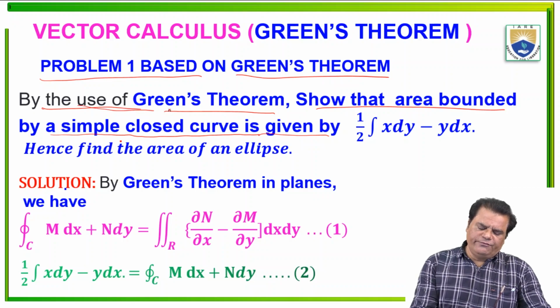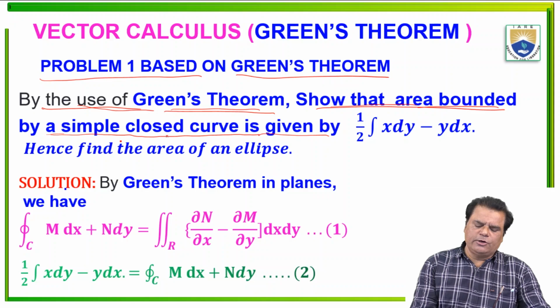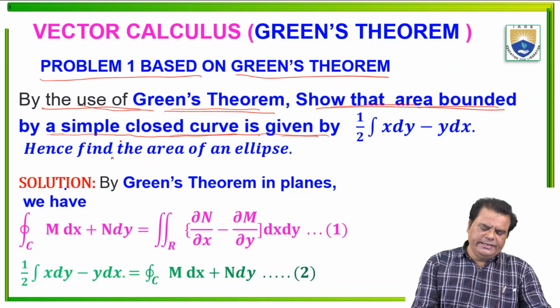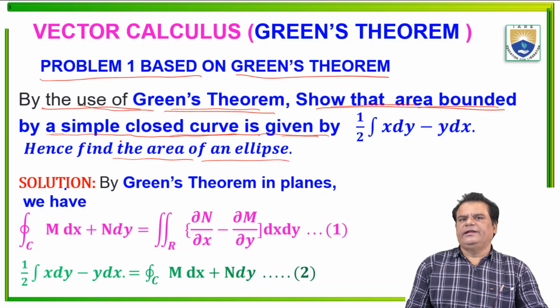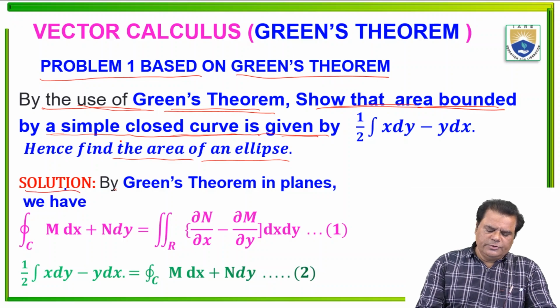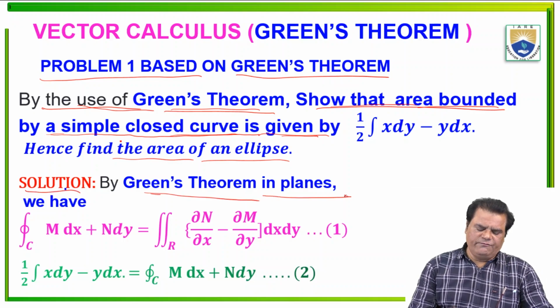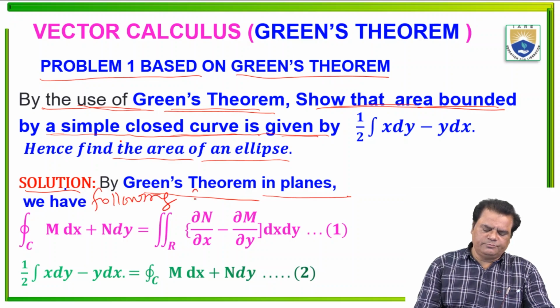Hence, find the area of an ellipse. Solution: why Green's theorem in the plane? We have the following formula.